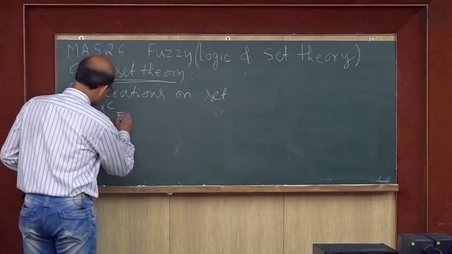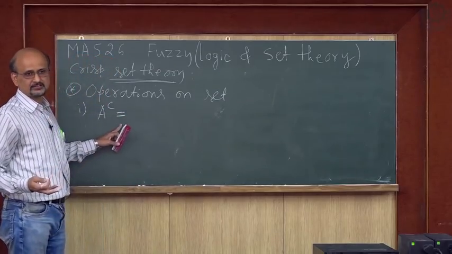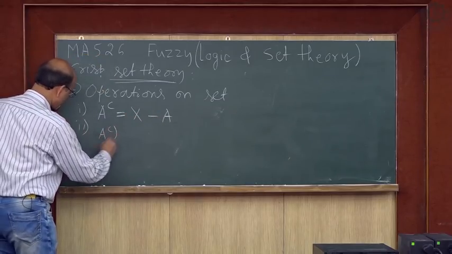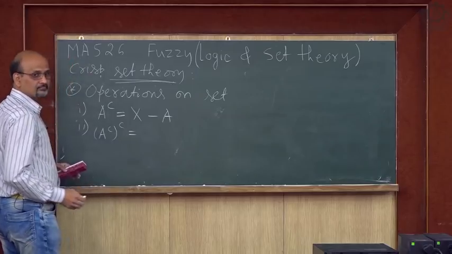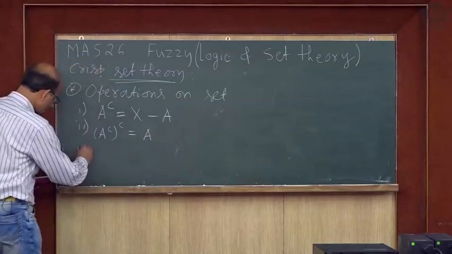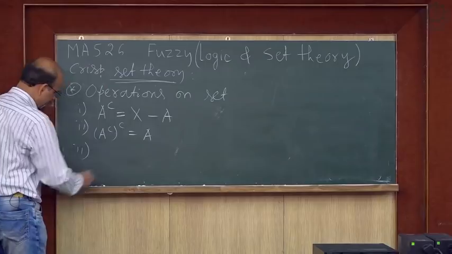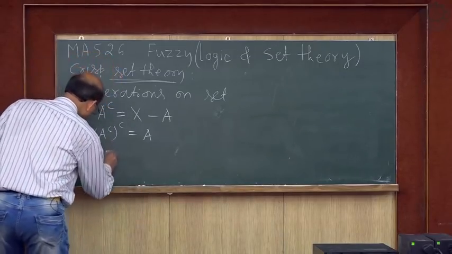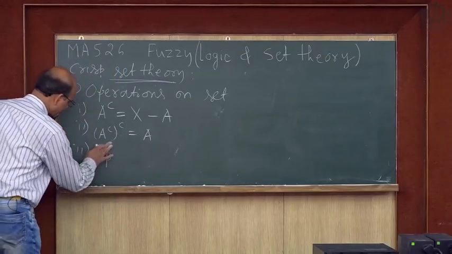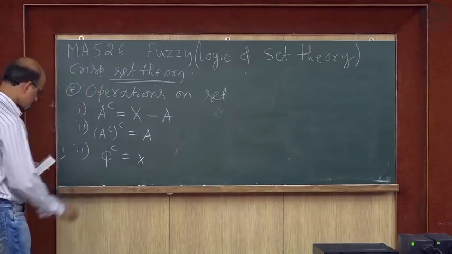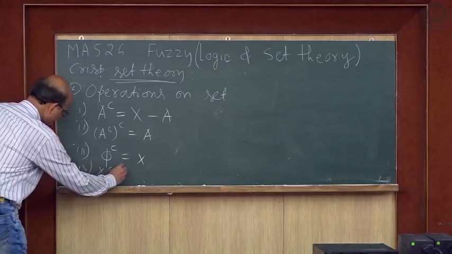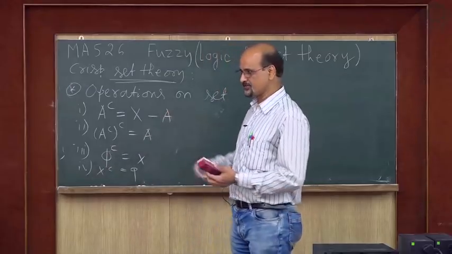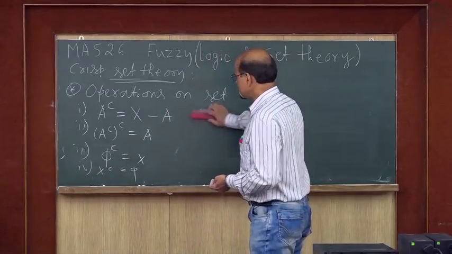If X is the universal set, A complement will be X minus A. Similarly, the empty set phi complement is X, and X complement is phi. I hope you know what phi is, that is the empty set having no element.